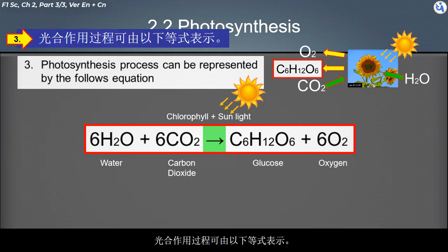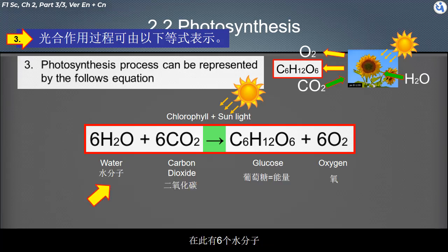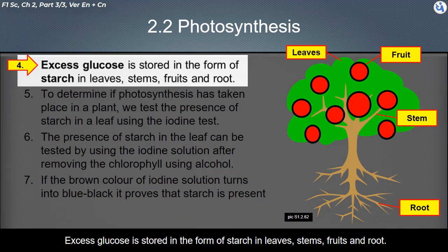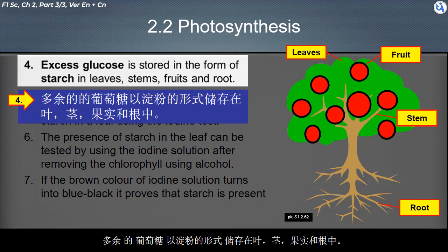Excess glucose is stored in the form of starch in leaves, stems, fruits and roots.